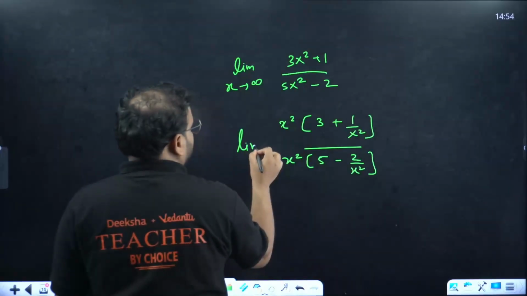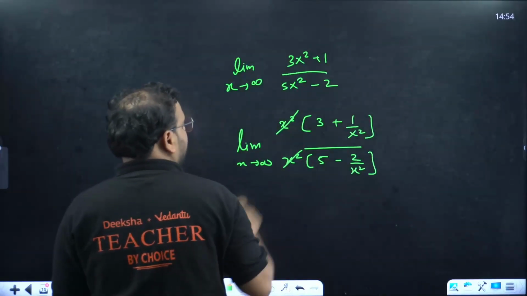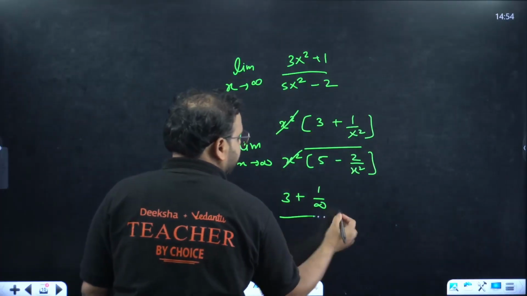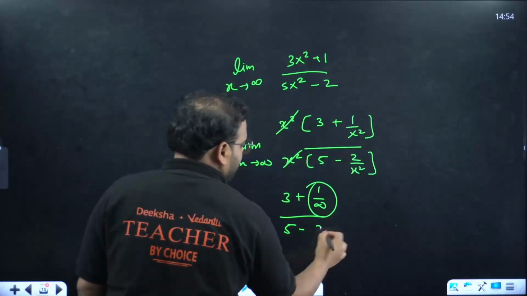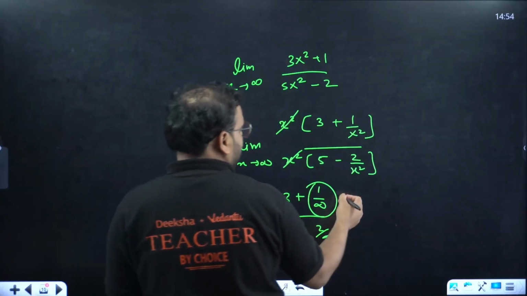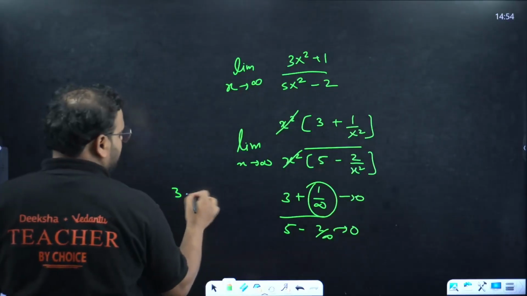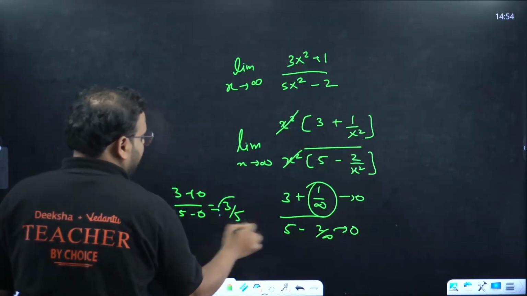Put the limit back. The x square cancels. Now substitute: 3 plus 1 upon infinity, and here also 5 minus 2 upon infinity. Check here, this will become 0, and this also is 0. Answer is 3 plus 0 over 5 minus 0, so the answer becomes 3 by 5.